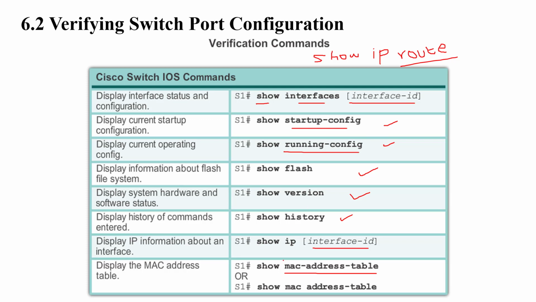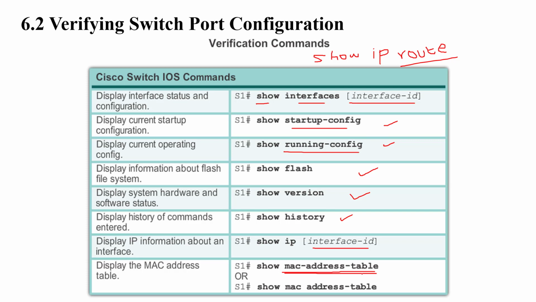But in switches we have a MAC address table. You can display the MAC address table with the command show mac address-table. In the last lecture, lecture number 8, we saw the differences between the switch and the router. The video is available, I shared it yesterday. In the first slide you can see the differences: a router maintains the routing table, and switches maintain the MAC address table.